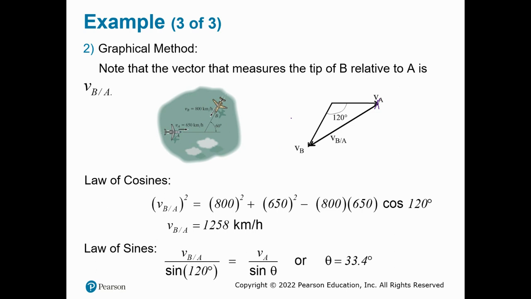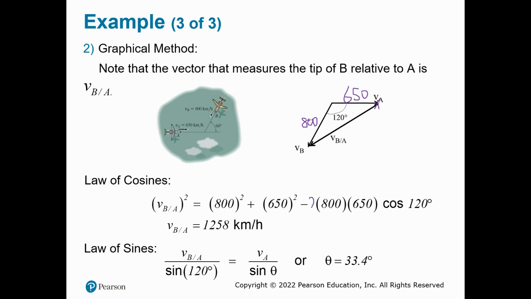Using the law of cosine, VB slash A squared equals 800 squared. This side is going to be 800, and this side should be 650. So 650 squared minus 2AB cosine 120.